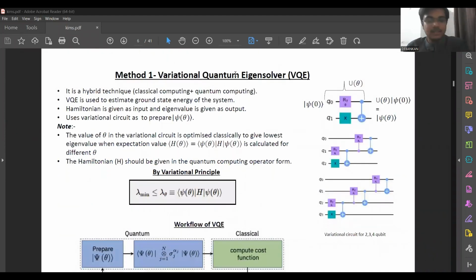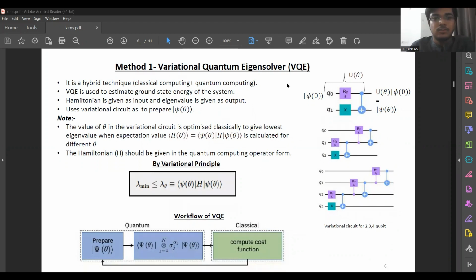So before I discuss how I use variational quantum eigensolver, let me first discuss what variational quantum eigensolver is. In quantum mechanics, we have a variational principle where the concept is that we can take any acceptable wave function, for example, an exponential of minus bx squared. This is an acceptable wave function. And for a Hamiltonian in which we cannot directly find the energy eigenvalues, we can use the variational principle to approximate the eigenvalues.